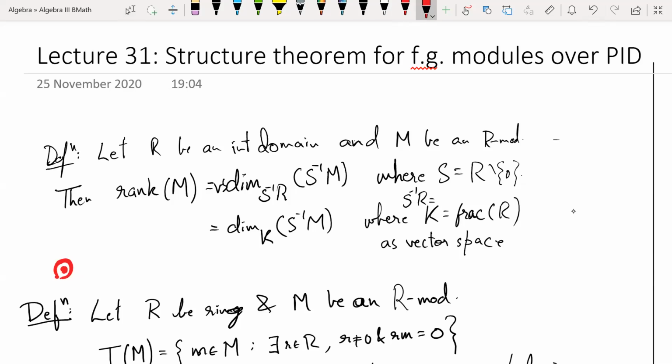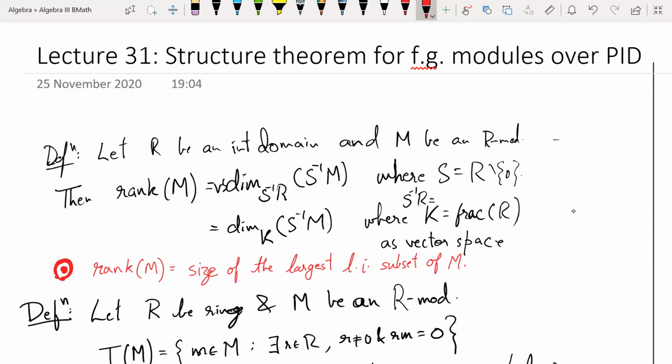Another way of defining rank is: the rank of M is equal to the size of the largest linearly independent subset of M.